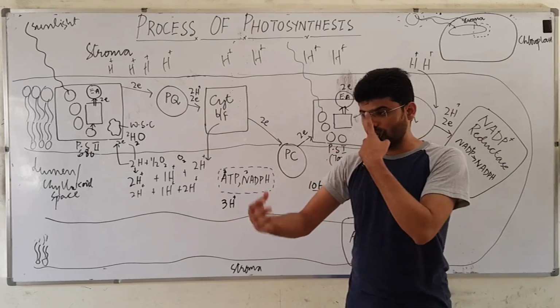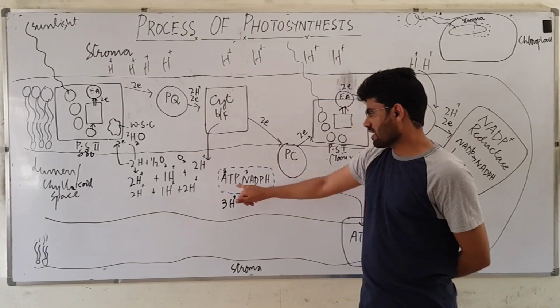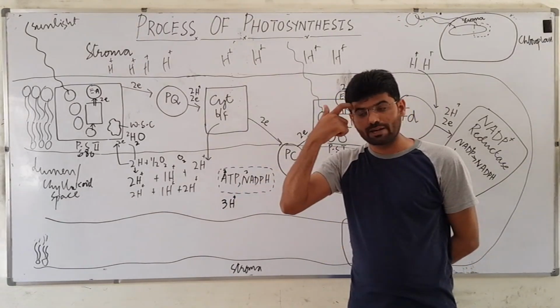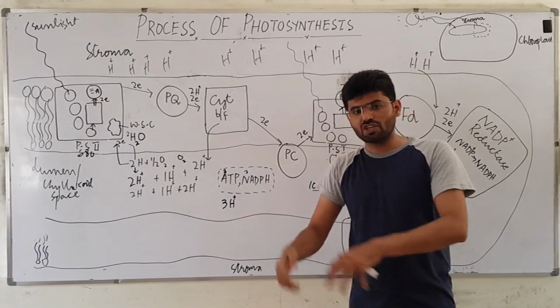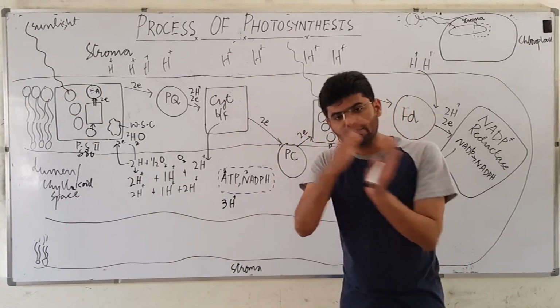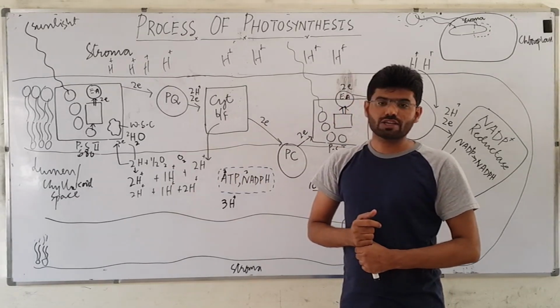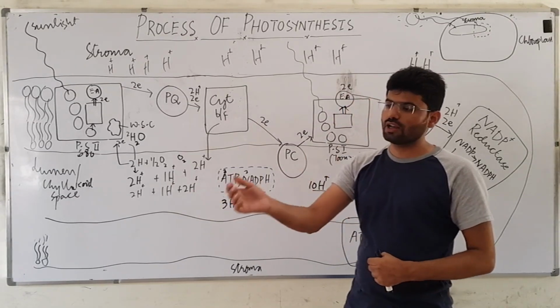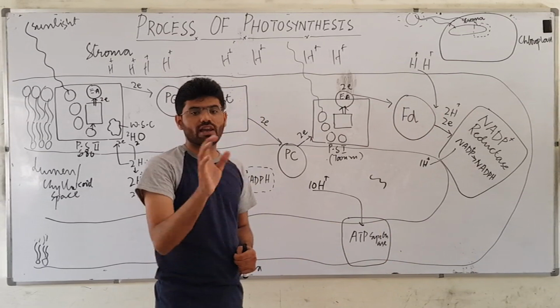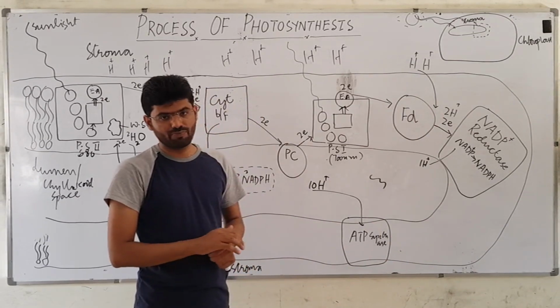Now, if you have a question why ATP and NADPH are made, these 2 energy carrier molecules will start another reaction of photosynthesis called the dark reaction, or the light independent reaction.